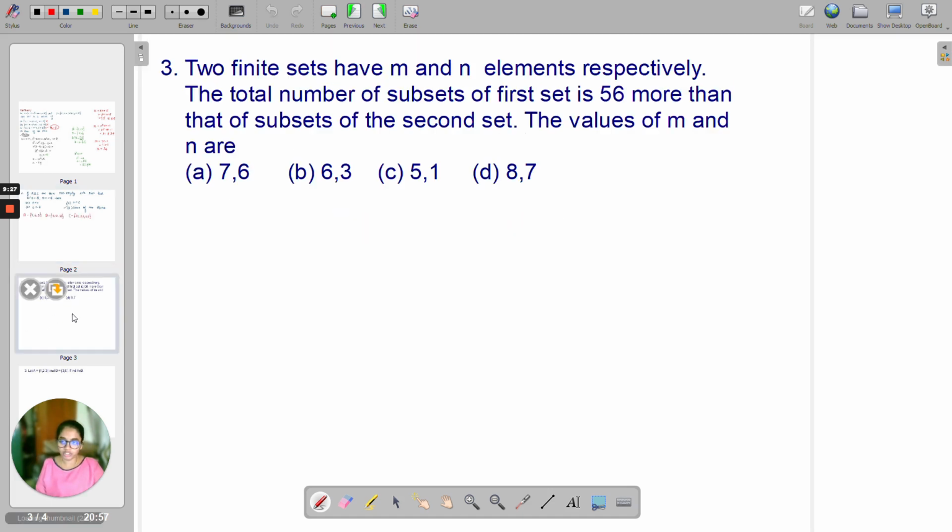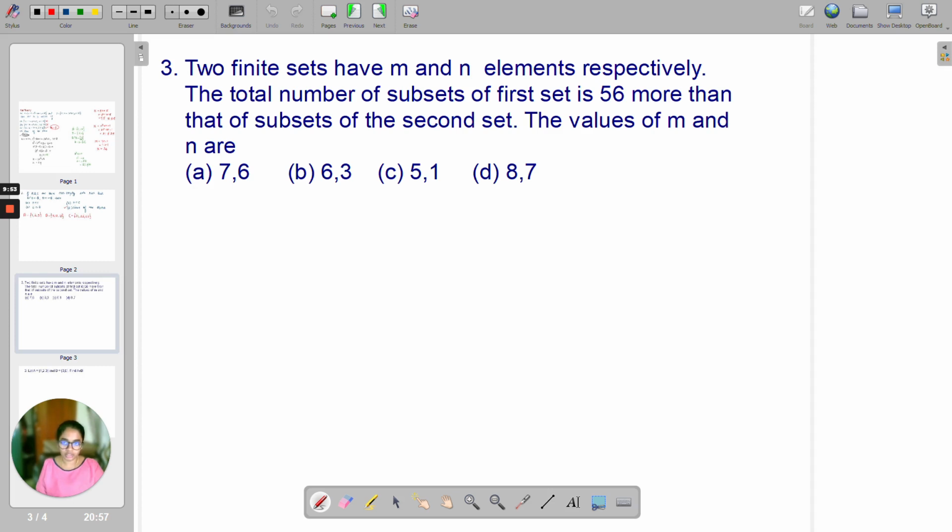Okay? Moving on. In the third question, they've said two finite sets have m and n elements respectively. The total number of subsets of the first set is 56 more than that of the subsets of the second set.